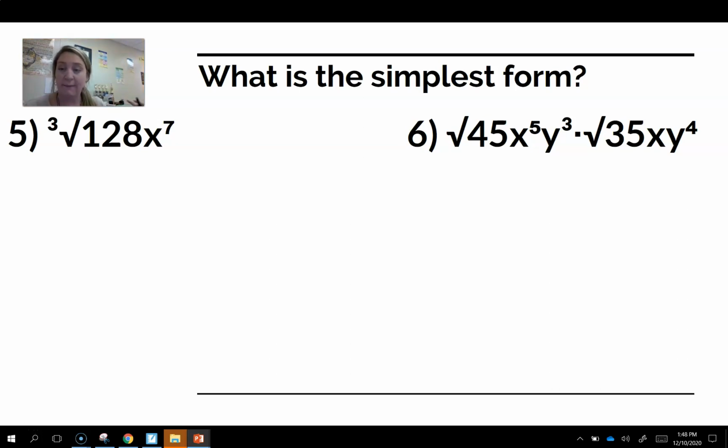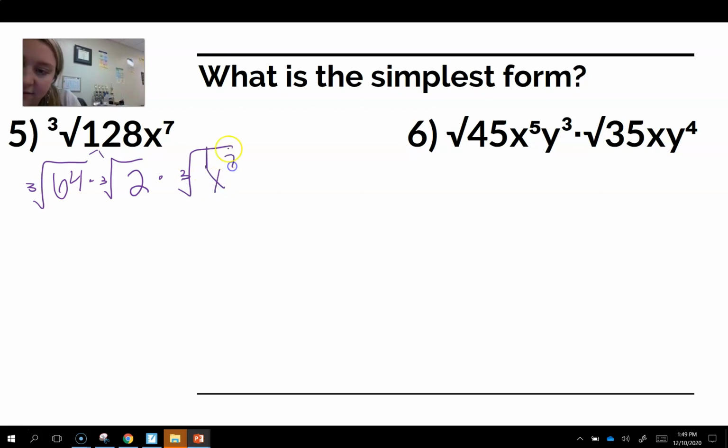So let's split apart 128. Maybe the easiest way is to divide it by 2. That's the same thing as saying 64 times 2. And then we still have the cube root of x to the 7th over here.